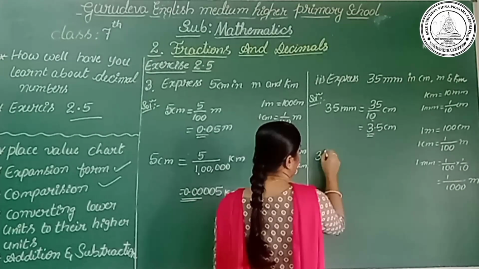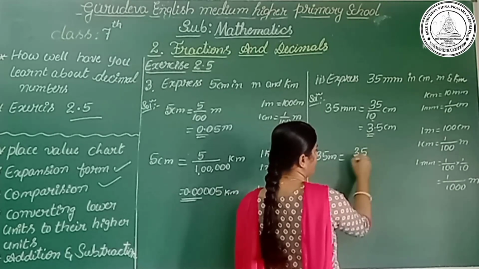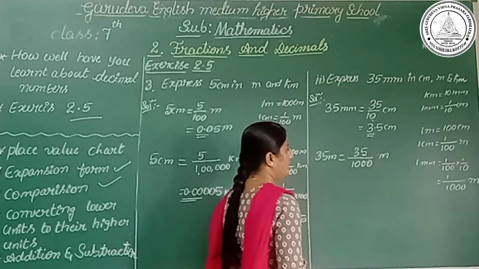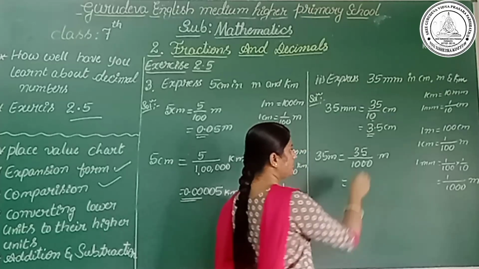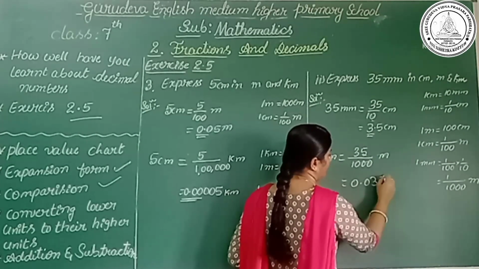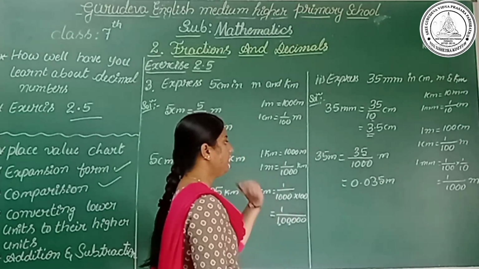Then write down here, 35 millimeter is equal to 35 divided by 1000 meter. Okay, so we have to place the point after 3 decimal places, meaning 0.035 meter.